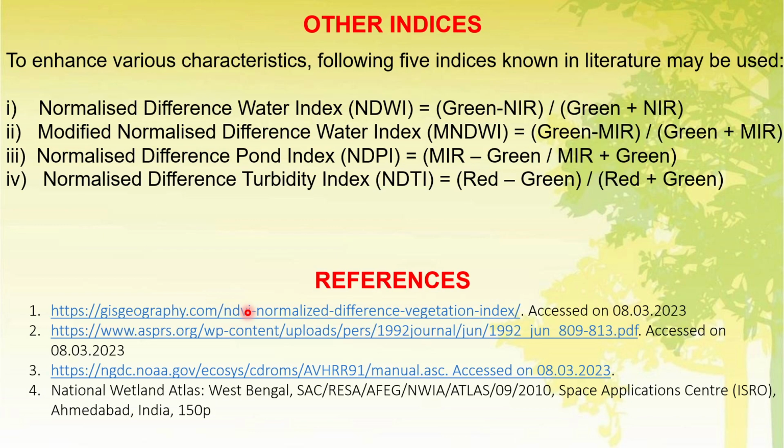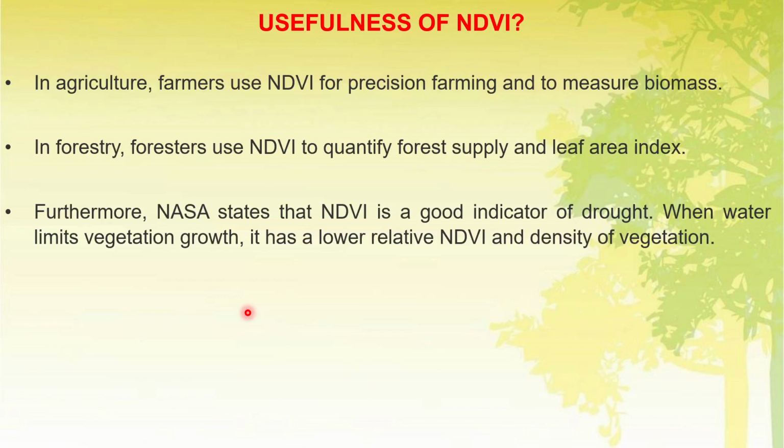However, the spectral reflectance data of vegetations are related to plant parameters such as leaf area index, biomass, etc., and plant status also such as stress, disease, etc. However, utilizing spectral data to derive such parameters has problems due to varying soil condition, viewing, and illumination geometry, etc. So this is also a kind of disadvantage of NDVI, but overall this is very useful.